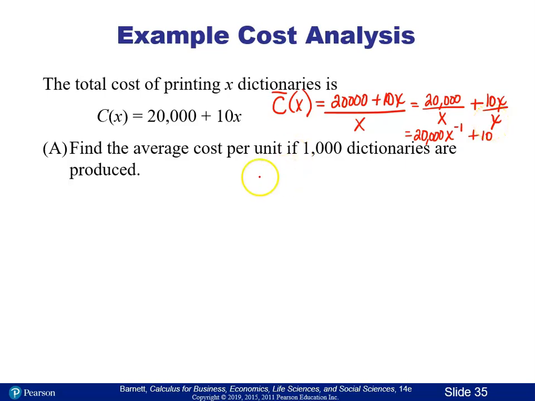Okay. All right, as far as the first one goes, we want to find the average cost if 1,000 dictionaries are produced. So we need the average cost at 1,000.